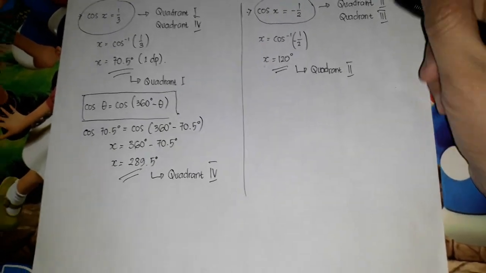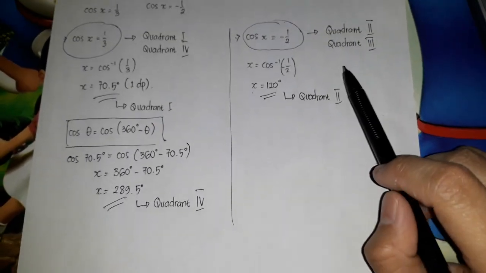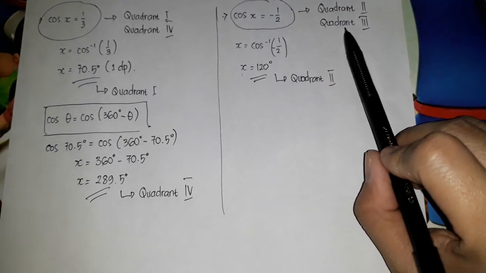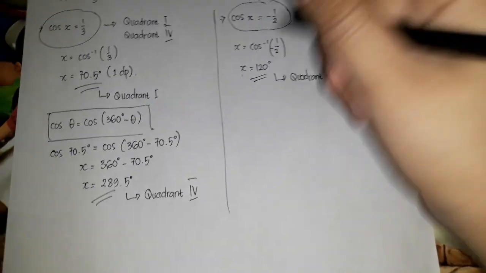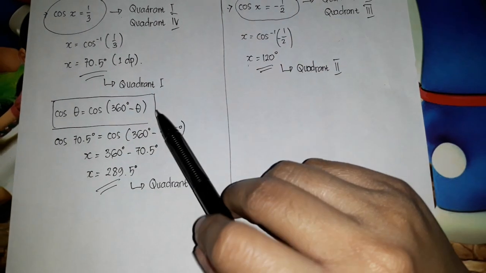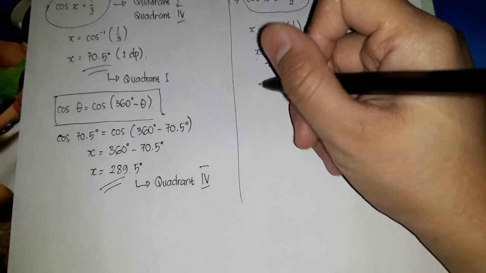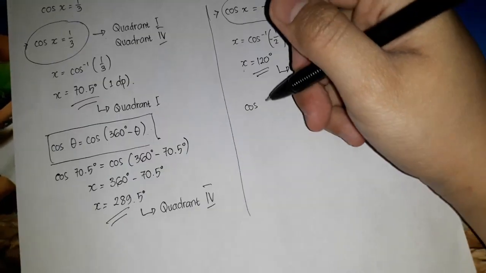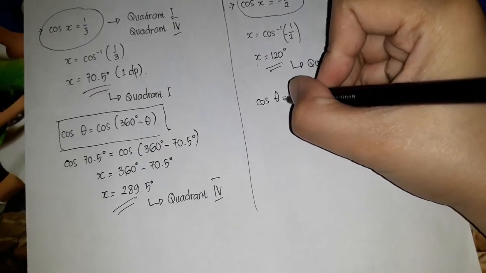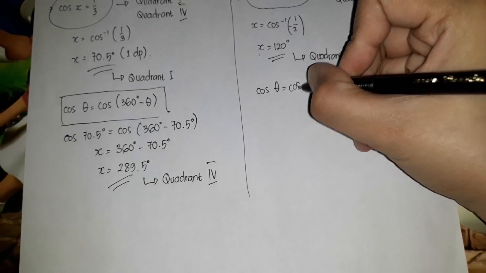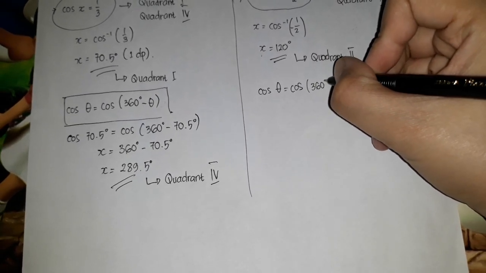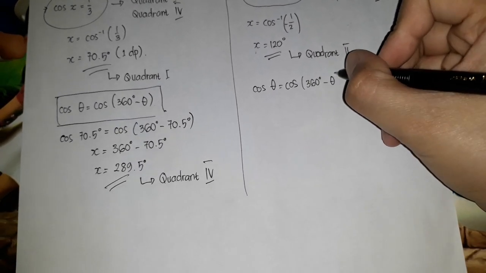Okay, and then we can find another possible value of x where x is in quadrant 3. So we will use the same formula. I will rewrite the formula: cos theta is cos of 360 degrees minus theta.